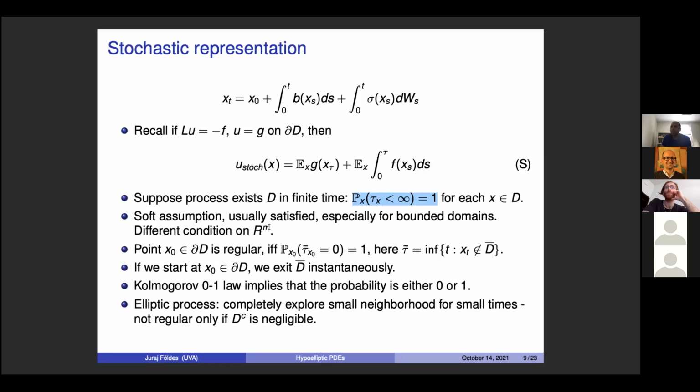If you don't have any boundary to exit, say you are working on R^n, you need some assumptions on the boundedness or compactness of G and F for these processes to be well defined. I don't want to go into that. This is an assumption that you can satisfy with not even that technical assumptions, but we are assuming that the exit time tau is finite with probability 1.